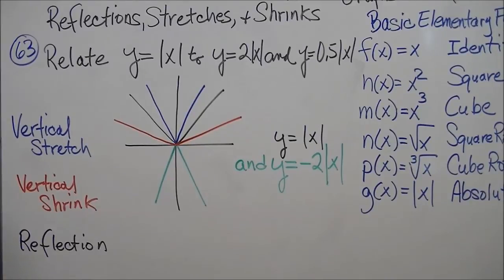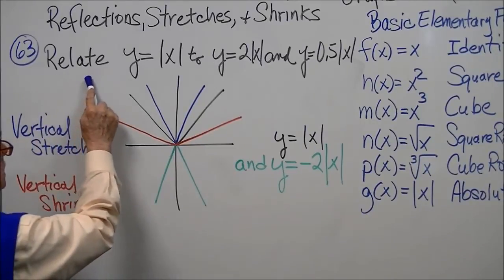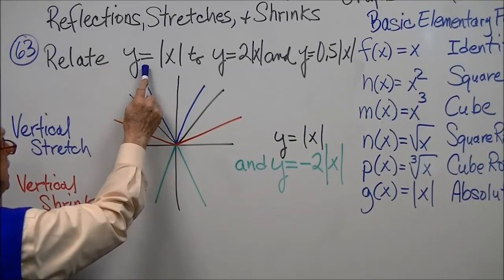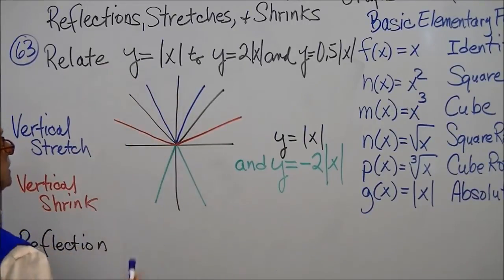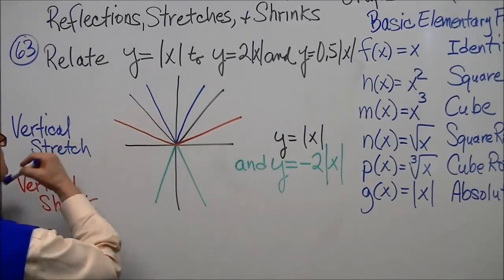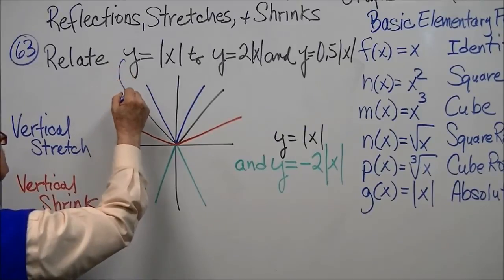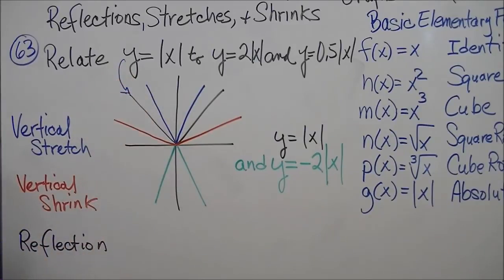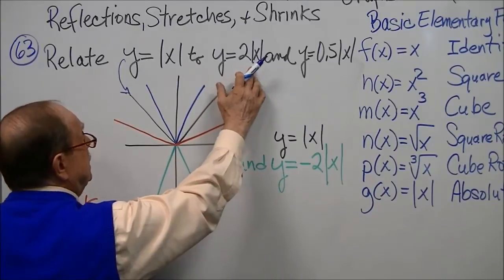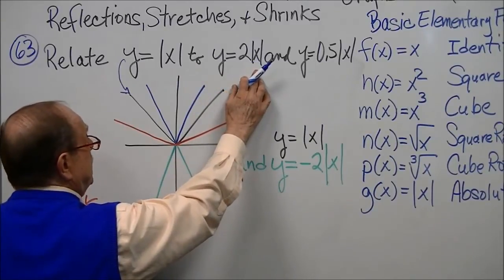And they're asking us to relate this equation, y equals the absolute value of x, which is this black line right there, to y is equal to 2 the absolute value of x.